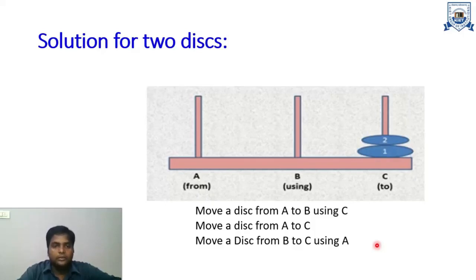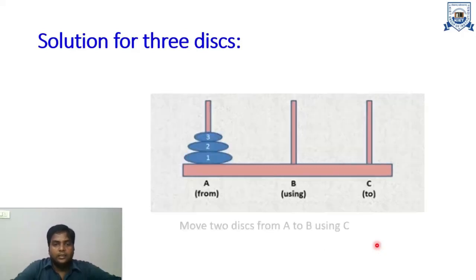Now just see, if we have three disks in tower A, how will they be moved from A to C? First of all, we move the two disks from A to B using C. How can we move two disks from one tower to another tower?